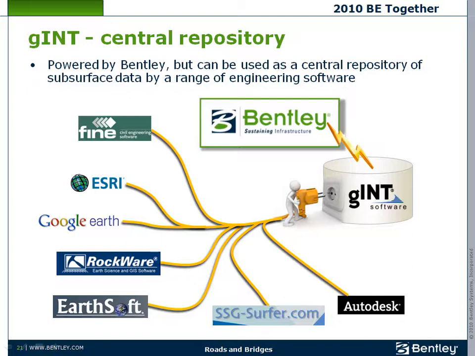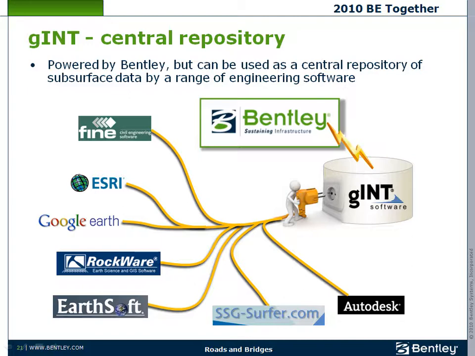Then Rockware, that makes RockWorks software, which is used for 3D modeling of stratigraphy, of plume analysis, and so forth. Earthsoft makes EQuIS, a popular tool for environmental scientists. It's also a database tool, and these days many environmental companies are stepping into the geotechnical field, and geotechnical companies are stepping into the environmental field.